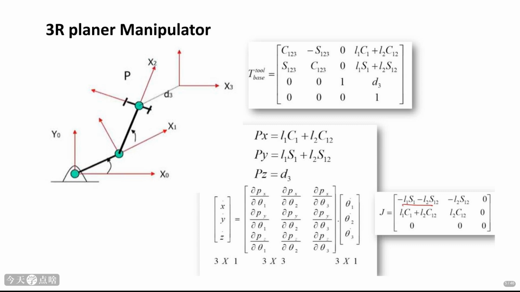To find the velocity, we differentiate this transformation with respect to time, which involves calculating the derivatives of the rotation and translation components. The resulting matrix equation shows how the end effector velocity is related to the joint velocities θ1 dot, θ2 dot, θ3 dot through the Jacobian matrix. Notice the structure. The first 3 rows relate linear velocity, the last 3 relate angular velocity.